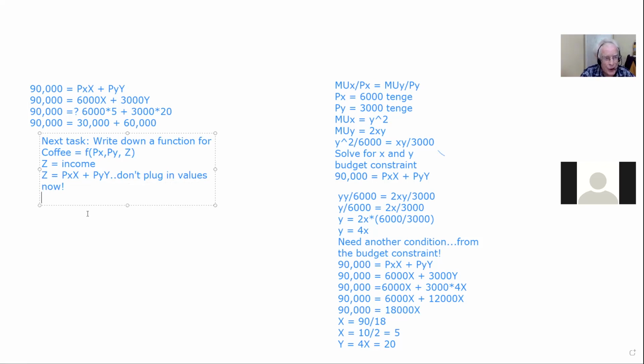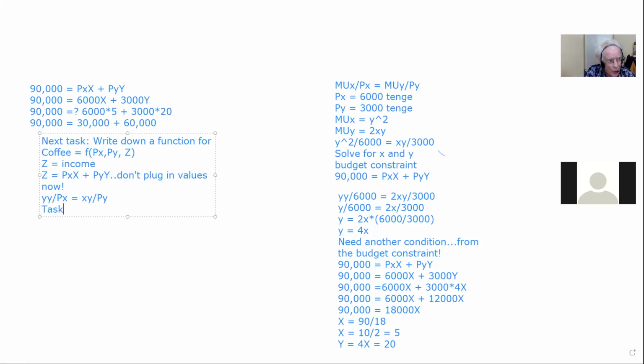And then we also have the condition for maximizing satisfaction. That now looks like this. There, again, we are using variables for prices and income rather than specific values.